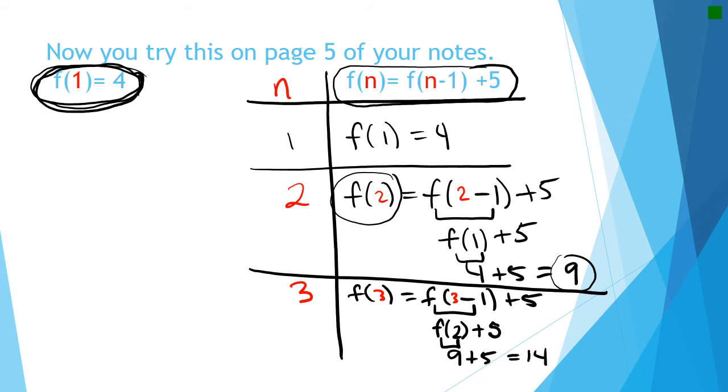And then I'm going to go ahead and find my fourth term here. I'm going to take another chart here. I'm trying to change this pen color. So I'm going to find my fourth term.